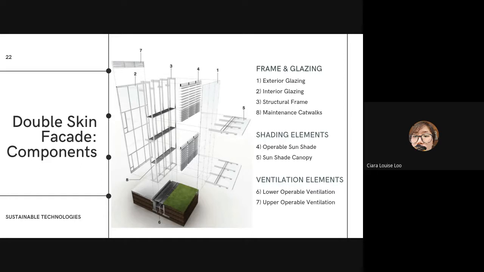So of course you also have to maintain this glass. So the maintenance people should be able to walk through it or clean it and make sure that it's working fine. And then number four is an example of a shading element. So this one's like the operable sunshade.